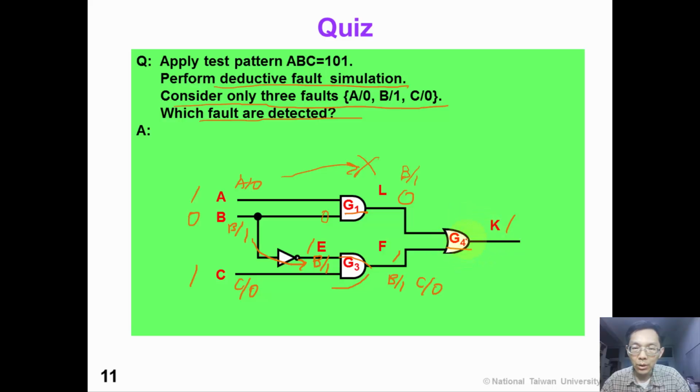Now at the output OR gate G4, because L is non-controlling, F is a controlling value, so the fault list at output K is equal to LF minus LL, which is C stuck at 0. So C stuck at 0 is detected. Have you got it correctly?